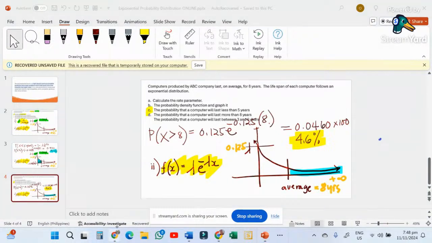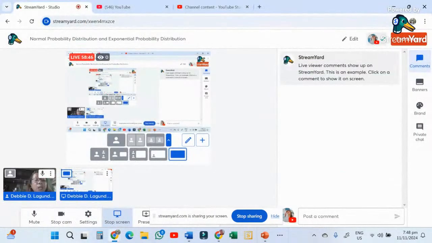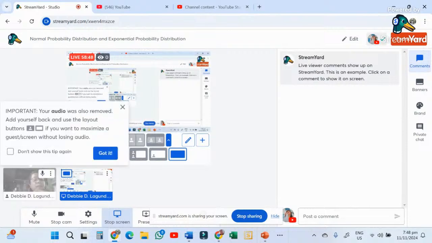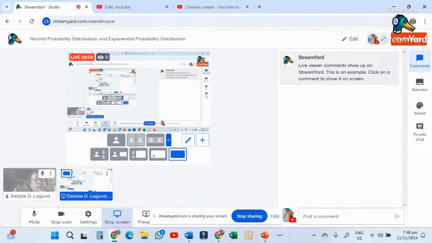That's the only similarity, the same formula, but the problem statement will be totally different.